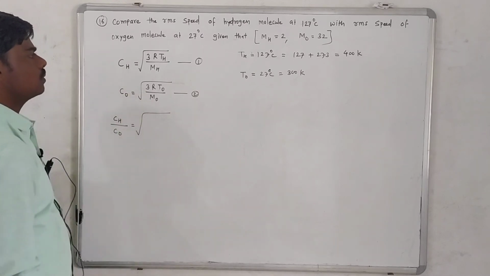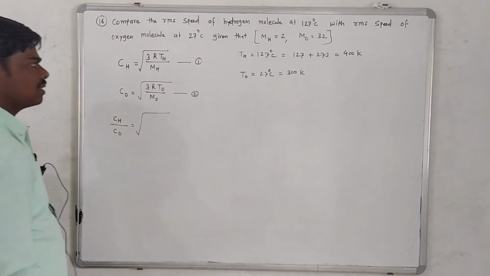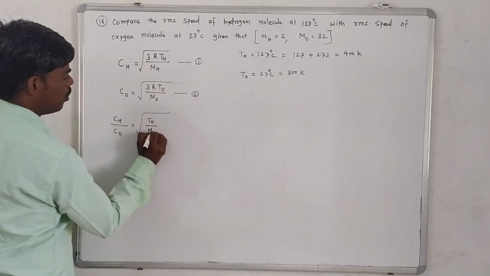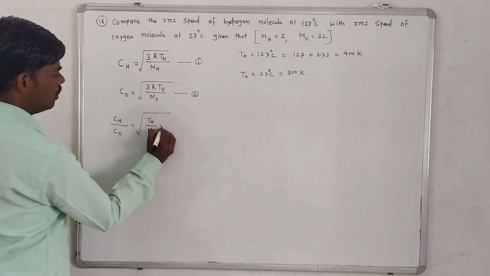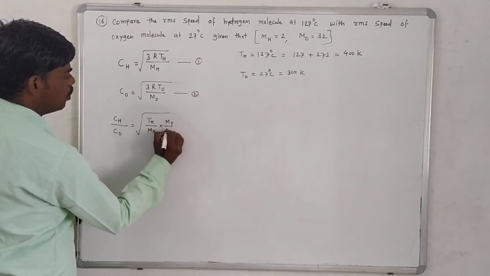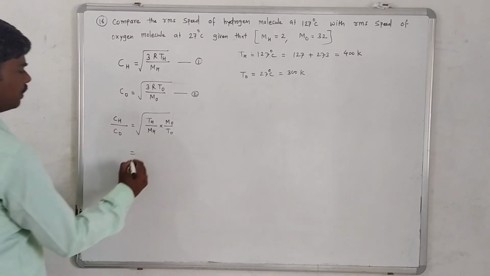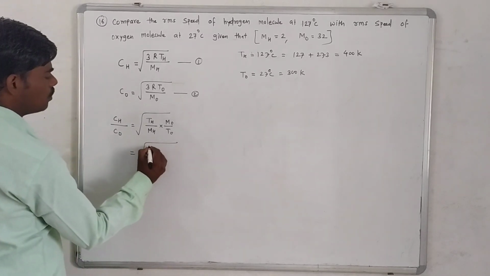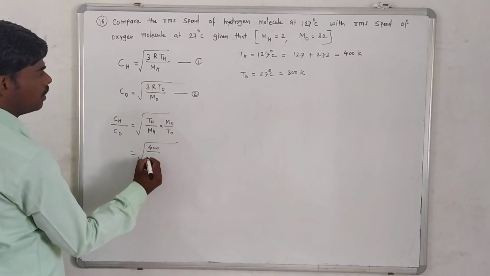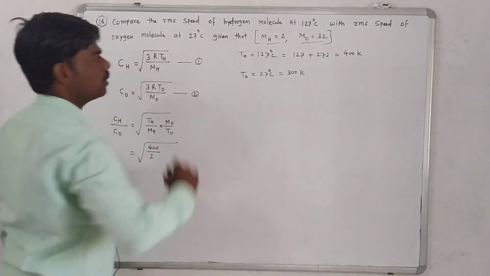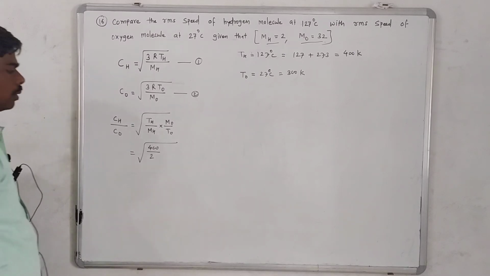Square root of, 3R cancels. It becomes T_H upon M_H into M_O upon T_O. Then T_H is 400, M_H is 2. These two molecular weights are given to you: molecular weight of hydrogen and molecular weight of oxygen.